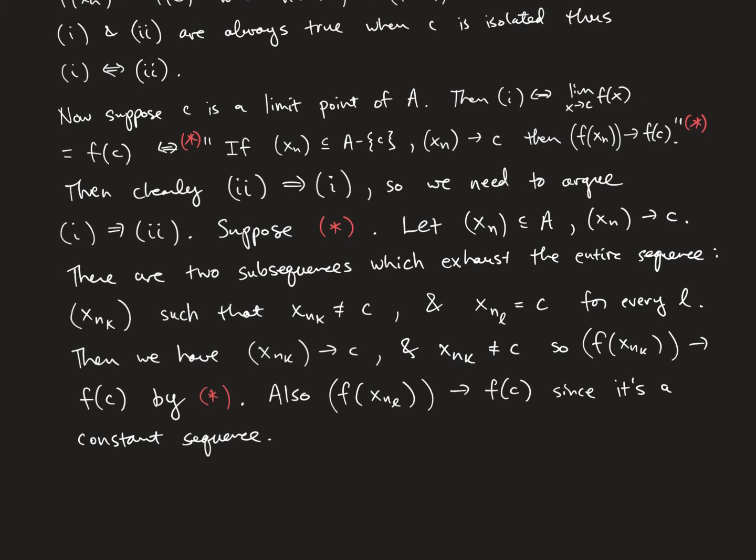So if we look at the sequence of values f of xn, it is a sort of union of two subsequences that converge to the same limit.